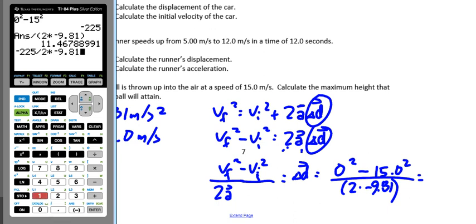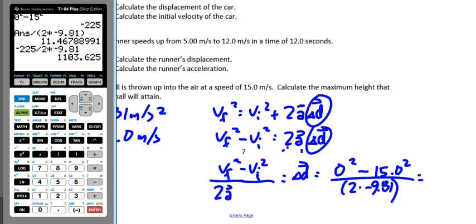Shouldn't that be the same thing? But it isn't. Here I'm dividing 225 by 2 times 9.81. Here I'm dividing 225 by 2, and then multiplying the whole thing by 9.81, not just the bottom. That's why it's important to have the brackets.